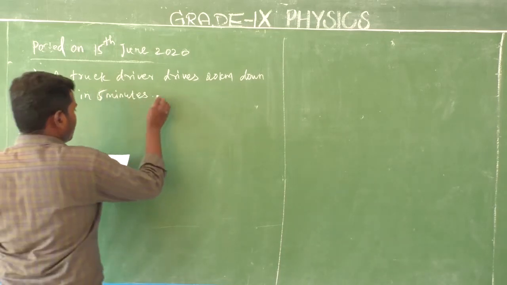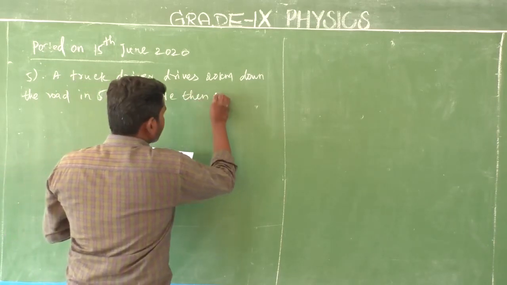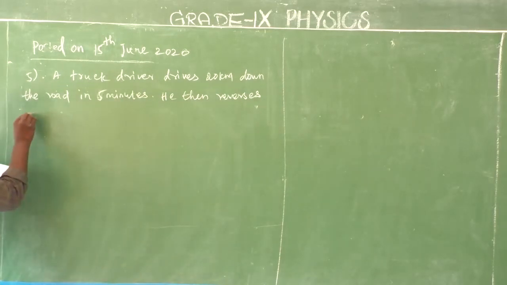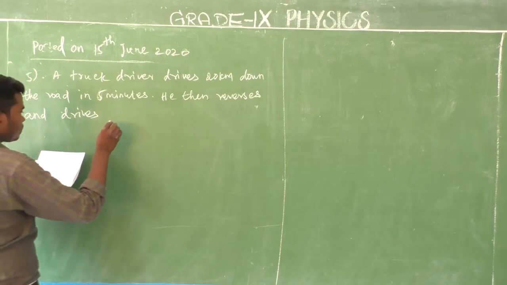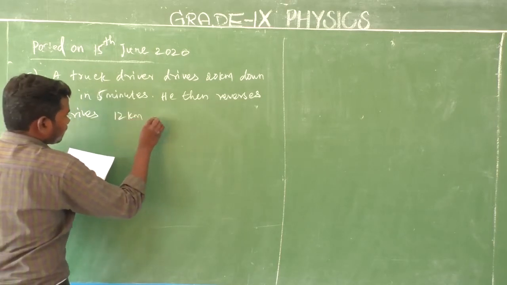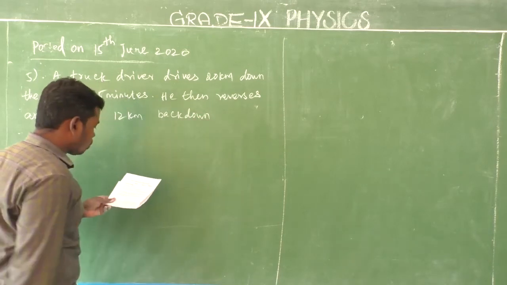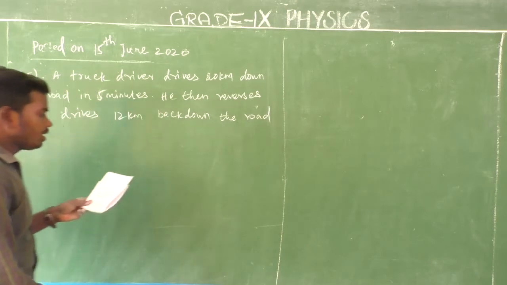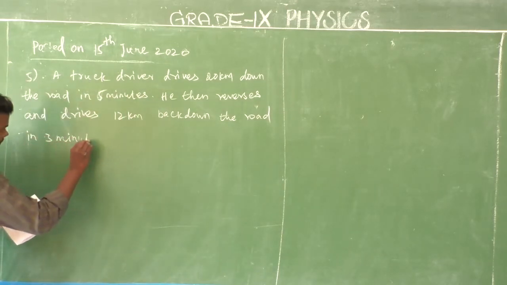Then he reverses and drives 12 km back down the road in 3 minutes.